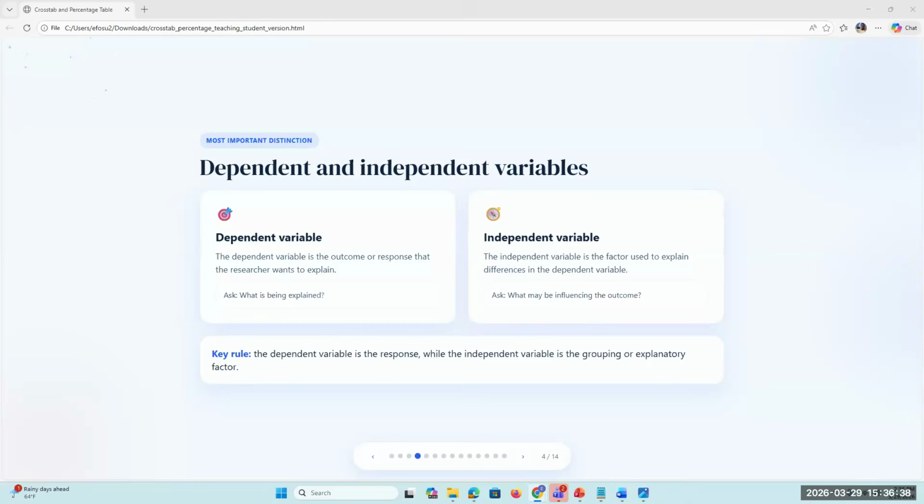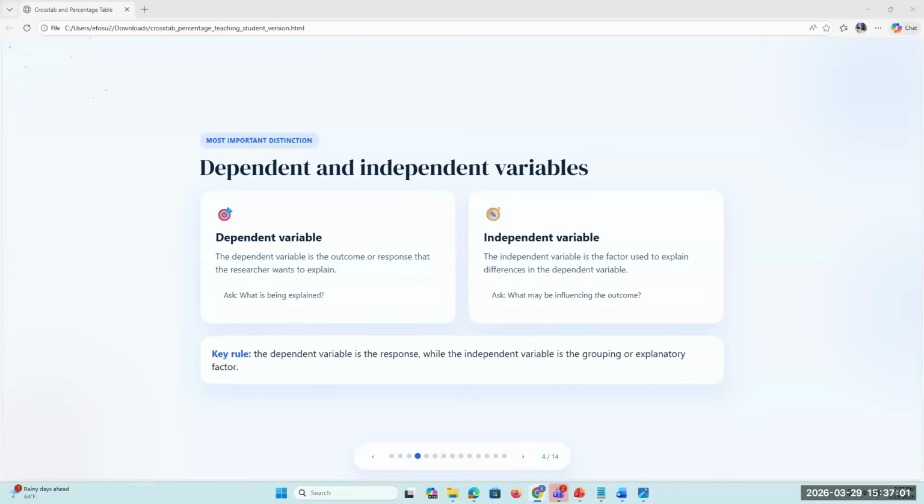Which one will be the dependent and which the independent variable? I think the independent variable will be the school. Thank you. Amazing. Then the dependent variable will be performance.